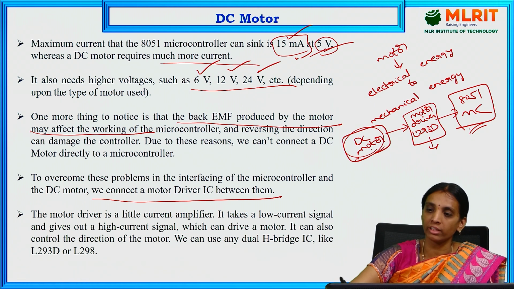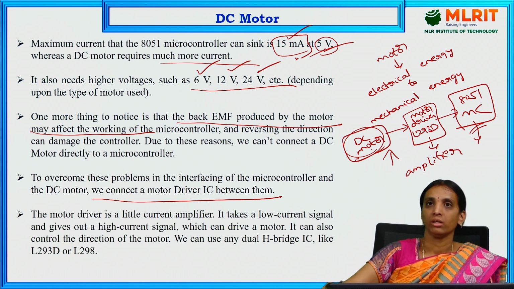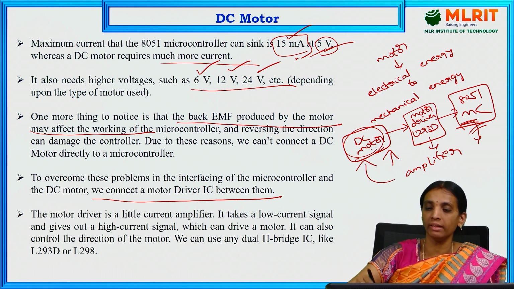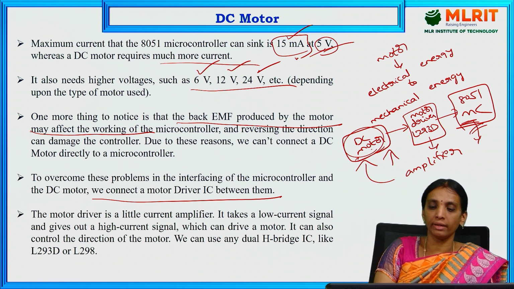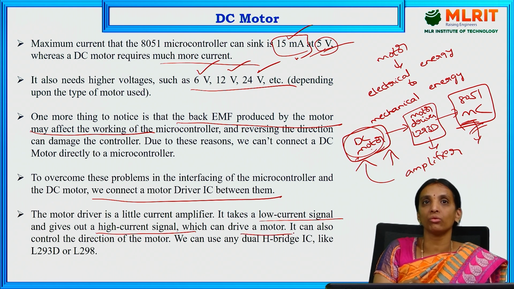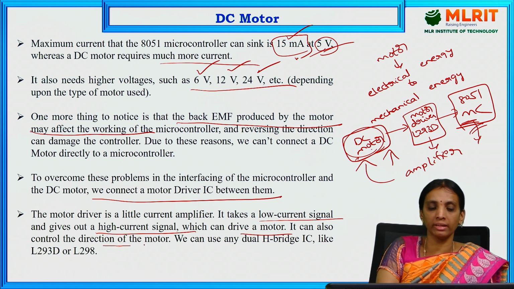For converting the low current from the microcontroller to the high current required for the DC motor, the motor driver consists of an amplifier, which improves the current developed by the microcontroller to a level usable by the DC motor. It takes a low current signal and gives a high current signal that can drive the motor. It is also used for controlling the direction of the motor.